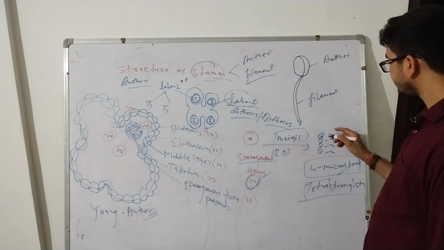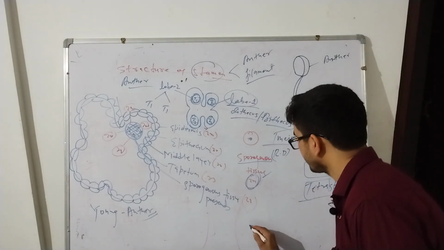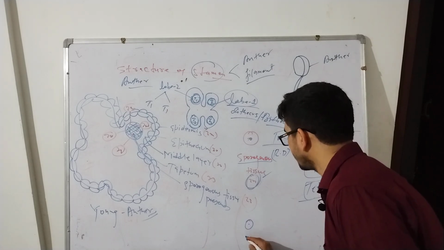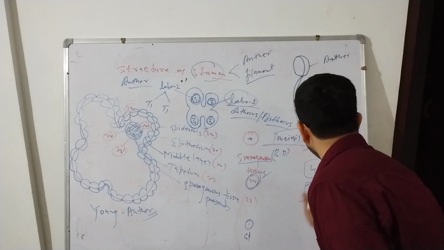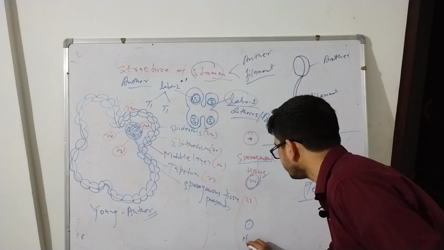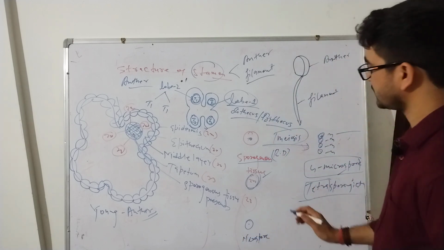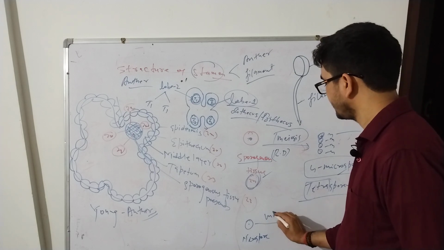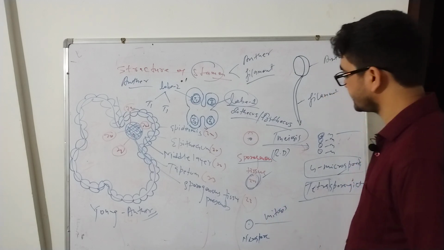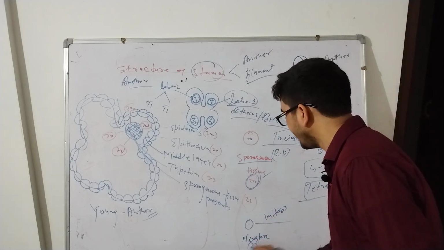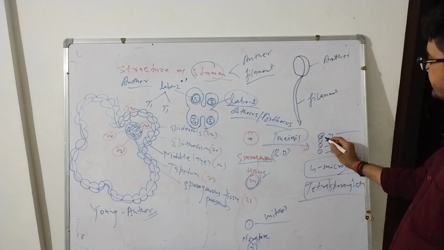So among the haploids, take any one microspore, and here mitosis division occurs. Why mitosis? Because it is haploid. Why haploid? Because each one here is haploid.